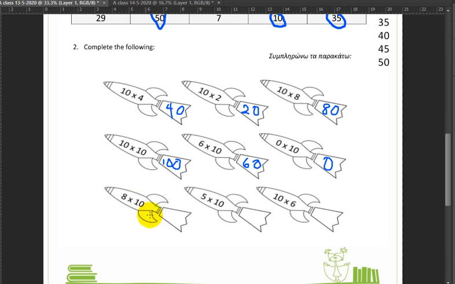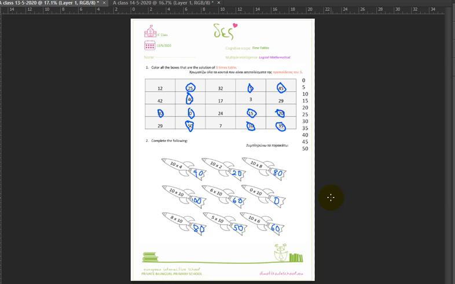Here I'm multiplying 10 with 8 again, so my result is going to be 80 again. Here I'm multiplying 10 with 5, so the result is going to be 50. And here I'm multiplying 10 with 6, so the result is 60. That's exercise 1. Pause the video if you need to check your answers.